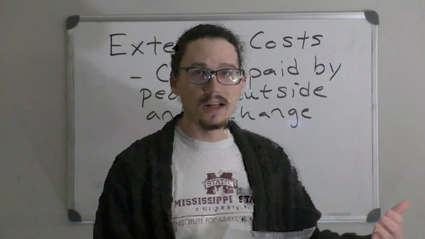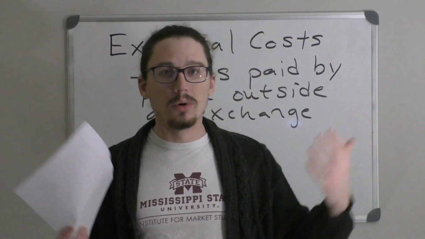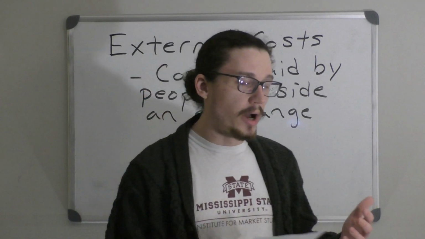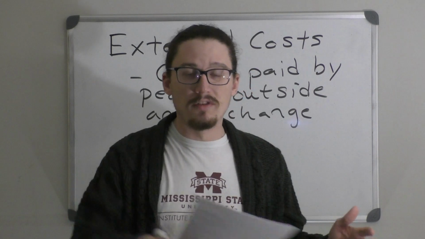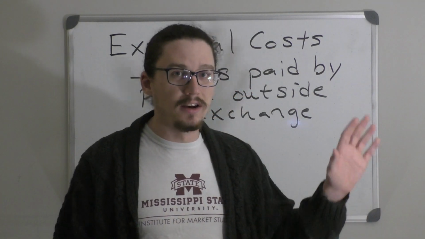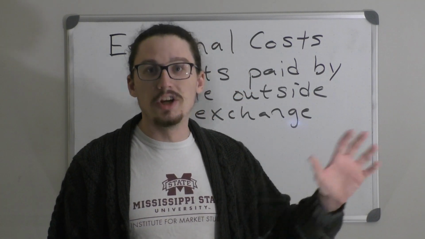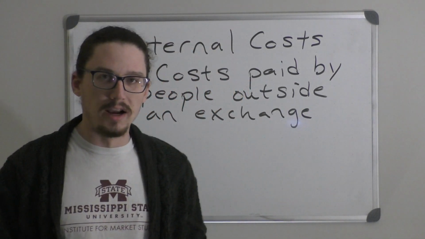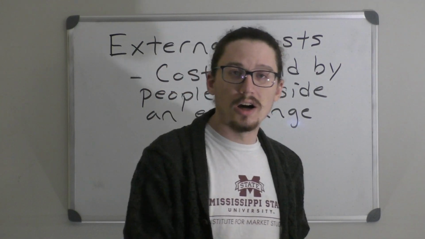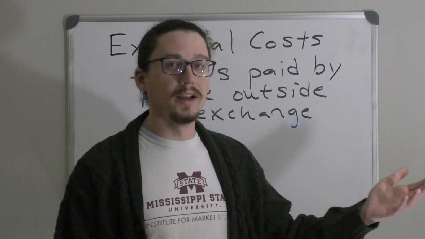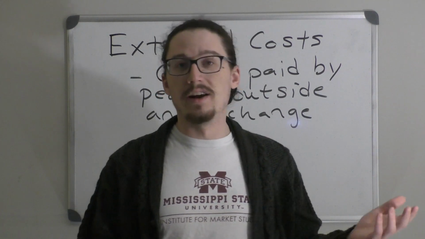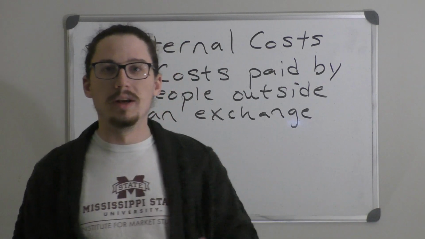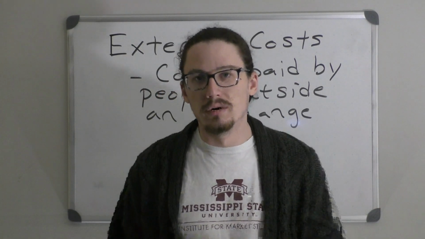We're going to have our own private costs and benefits, and some portion of the social costs and benefits included in our private ones, but anyone not involved in this exchange is going to be left out of the negotiation on what that level of output is. If there are external costs, we might decide on a level of output that's higher than society would want. If there are external benefits, we might end up with a lower one.